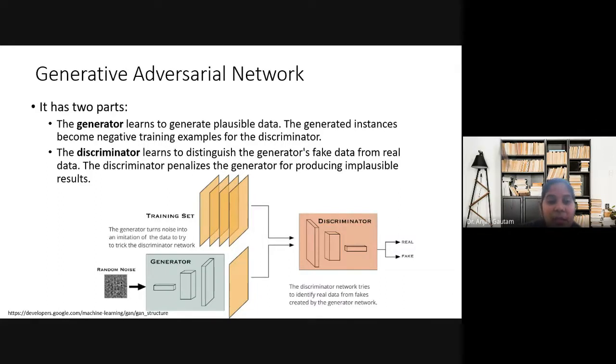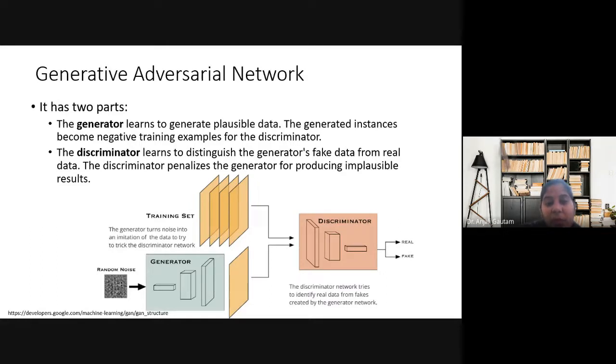So the generator takes some random noise, which can be anything, and based on the model, this is a deep learning model which we have to design according to the requirement. As we want to generate skin cancer images, the deep learning model needs to be designed accordingly. Then it will generate some fake result.